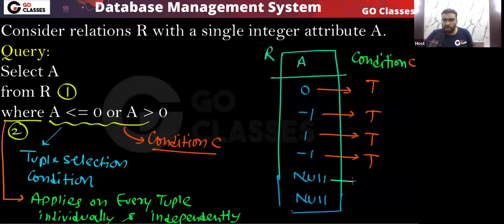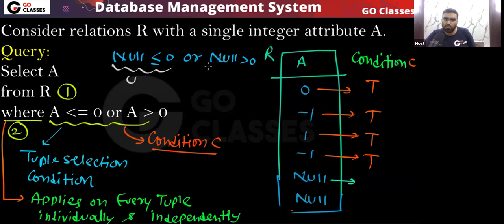But now here something interesting will happen. When A is null, put A equal to null. When the A value is null, then what will happen? Null less than or equal to 0, null greater than 0: this is a comparison. So the result will be unknown.